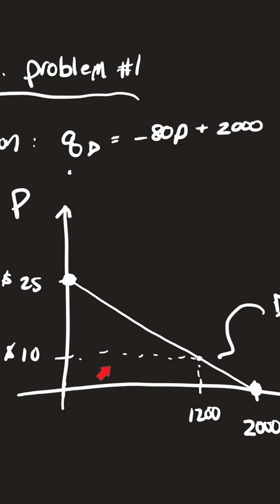So we end up having all of this area to calculate if we want to find the total value for 1,200 units. So the height of the demand curve gives us the marginal benefit, and the area under the demand curve gives us the total benefit from consumption from Q equals 0 to the relevant quantity. In this case, the relevant quantity is 1,200.